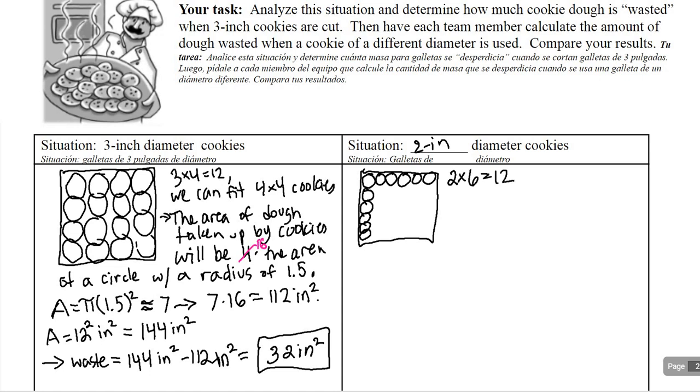So 36 pi, which is approximately 36 times 3.14, 113. The area of the cookie sheet is, again, 144 inches squared.